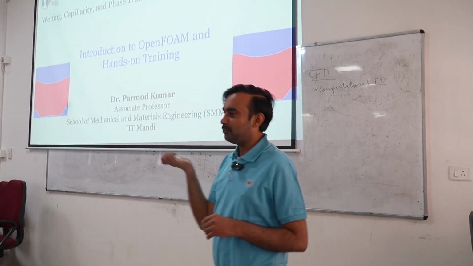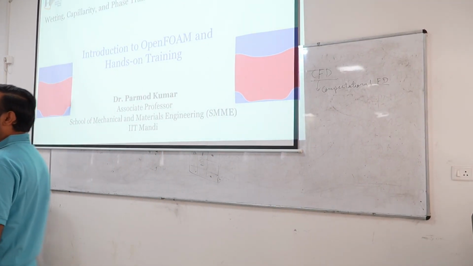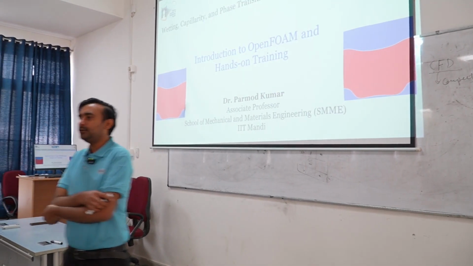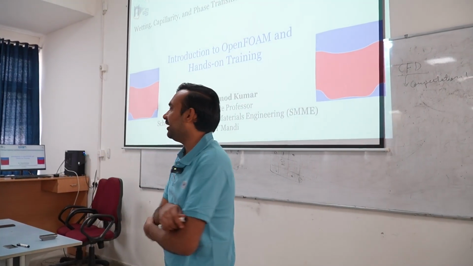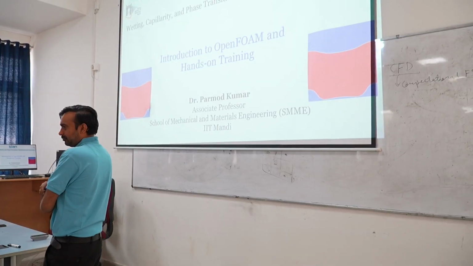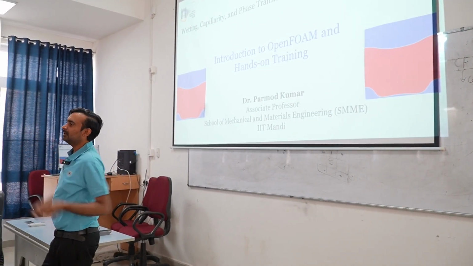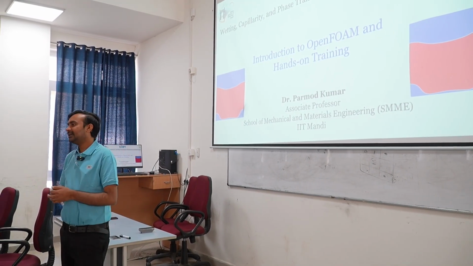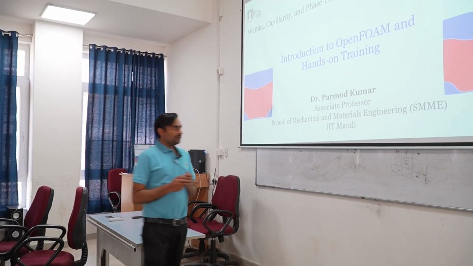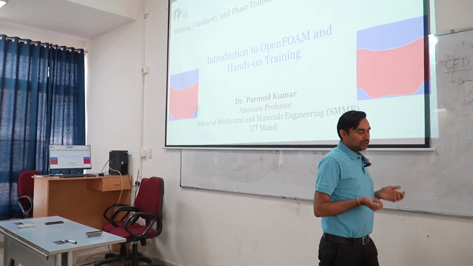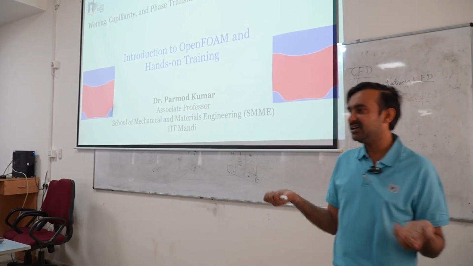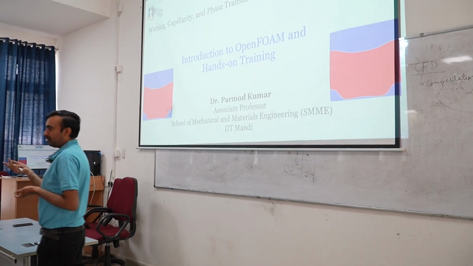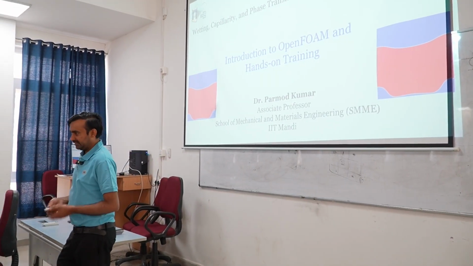Another important point you have to keep in mind is that computers do not understand how to solve partial differential equations. The only thing we can do in a computer is arithmetic operations, or we can compare logical expressions, such as greater than or smaller than or equal to signs. So if we have to use computers for solving our partial differential equations, then first we need to convert the governing equations into a form which is actually understood by computers.